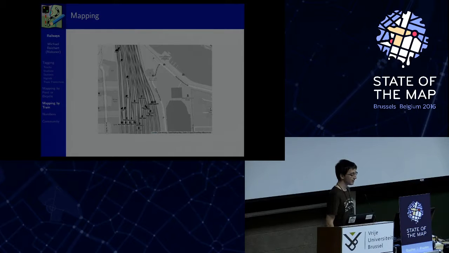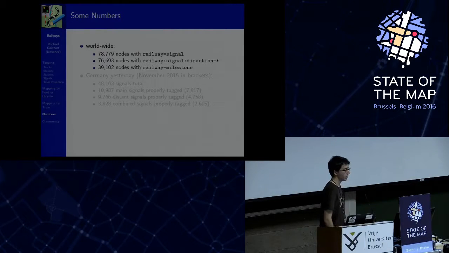And that's the result. In this case, a screenshot of OpenRailwayMap in Helsinki Central Station with all the main signals and some shunting signals for minor movements. Now, as one of my last slides, some numbers.